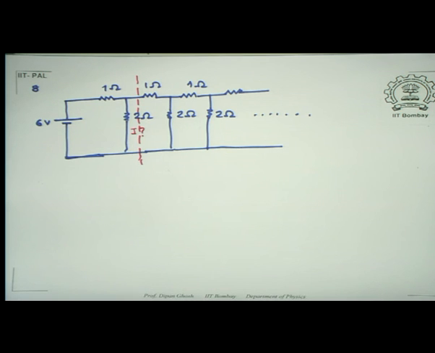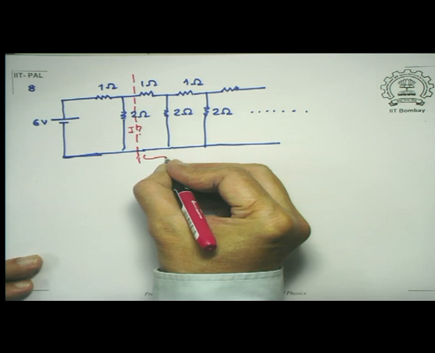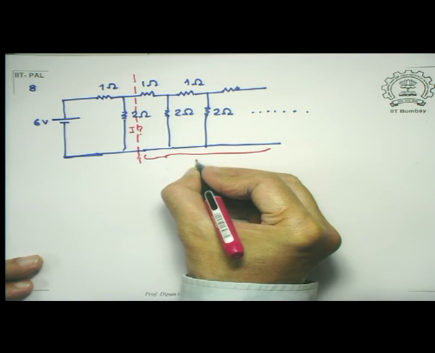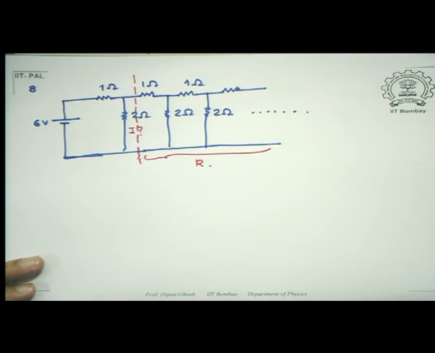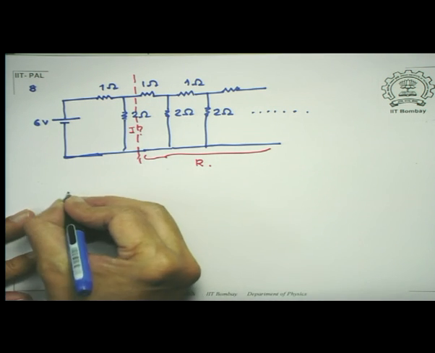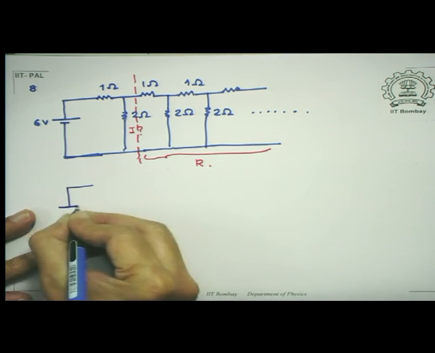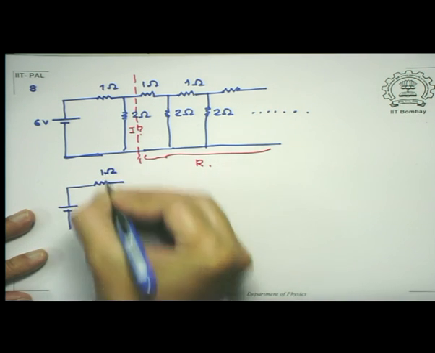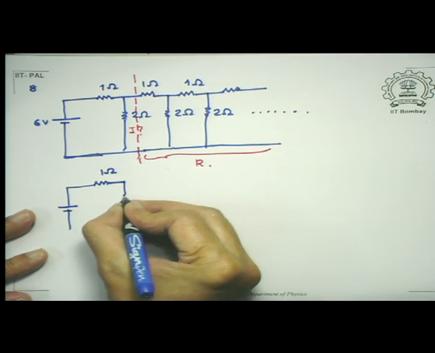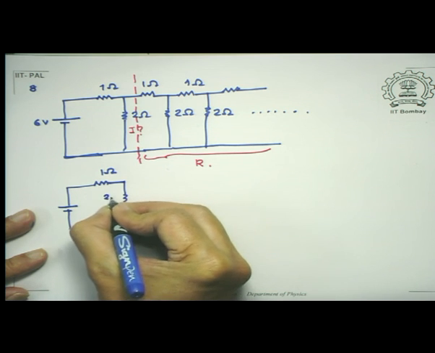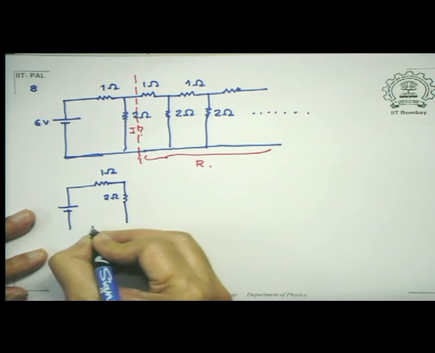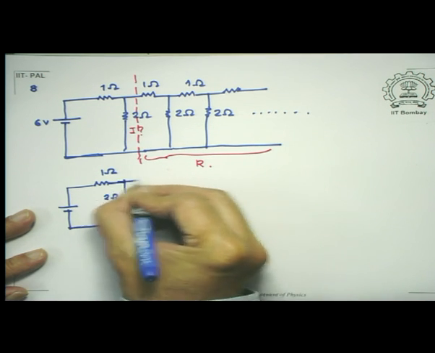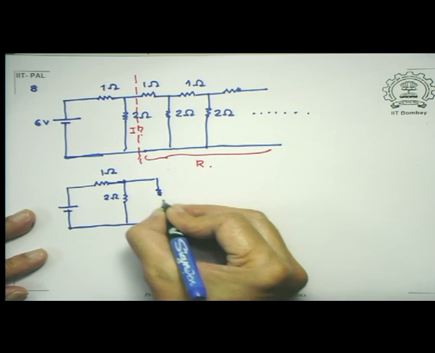So if the resistance of this whole thing is R, then what I am getting is a circuit of this type. There is 1 ohm, I have got 2 ohms there, and I have got a resistance R there.